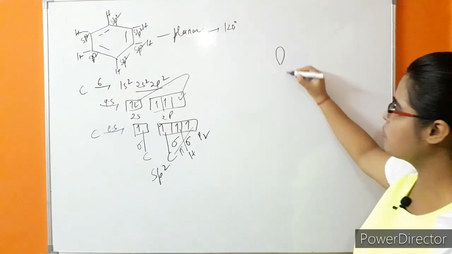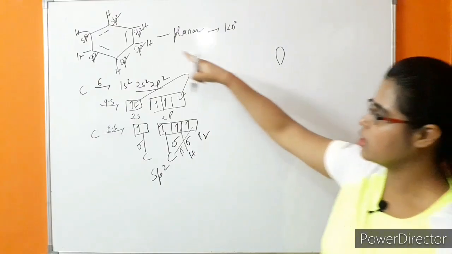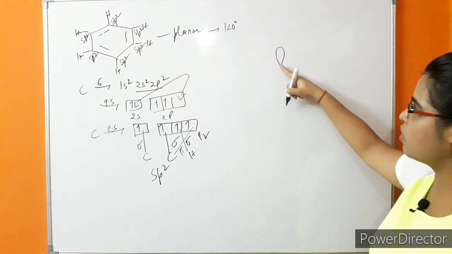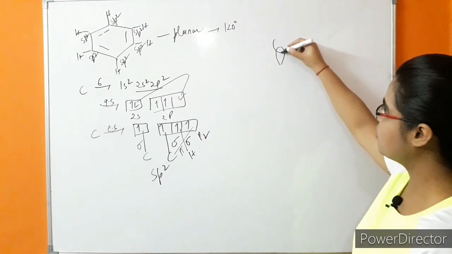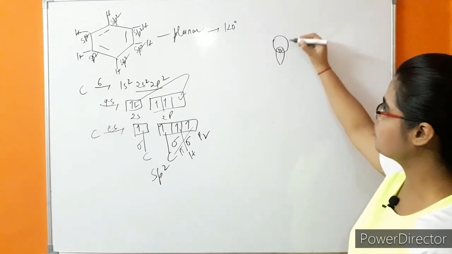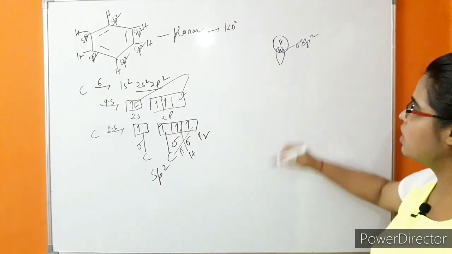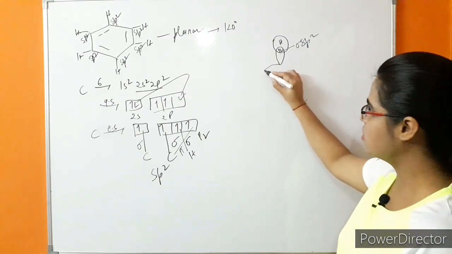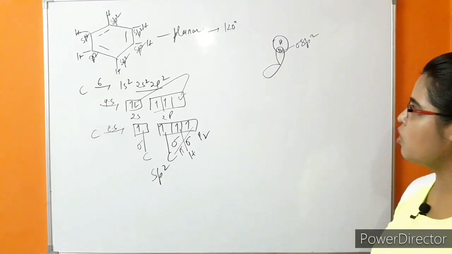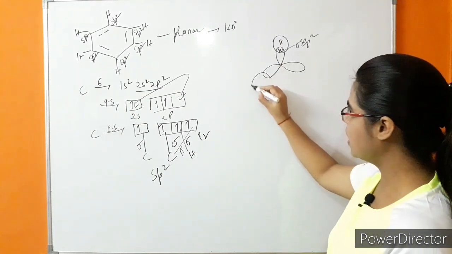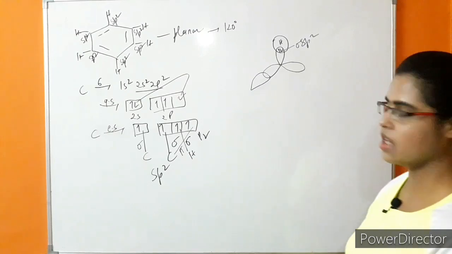This is one of the hybridized orbitals of one carbon. If we represent this carbon, this is one of the hybridized orbitals of this carbon, which is bonded to the hydrogen, and pairing is taking place. We know that this is a sigma sp2 bond, whereas this is the next hybridized orbital of this carbon, which is overlapping with another orbital of the next carbon.